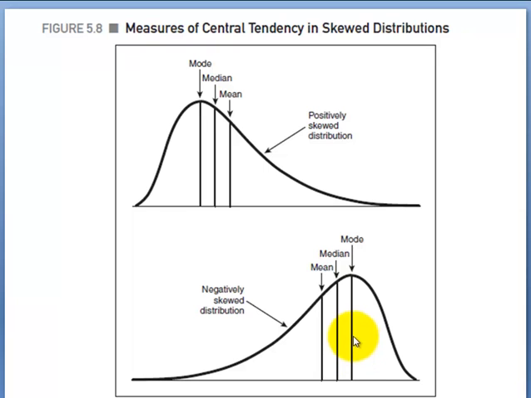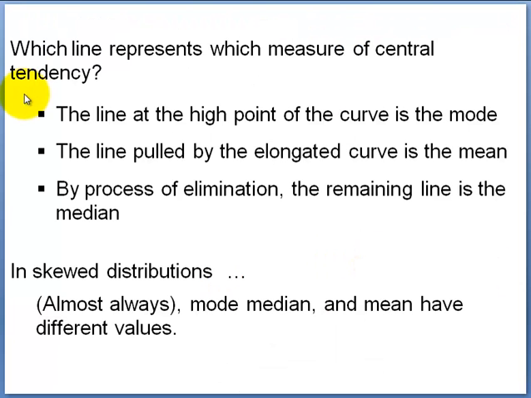So here's our line conveying the mode. And finally, the median is the line in the middle. This slide is for the most part just capturing what we went through in talking about the prior one. So I'll just let you read for a few seconds.